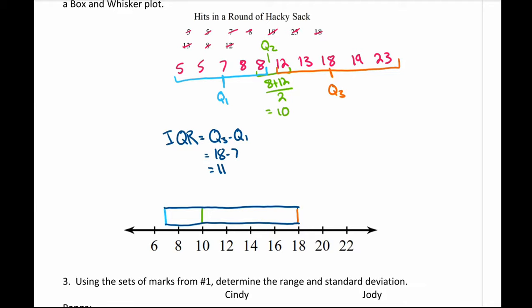Your whiskers then extend in both directions to your highest value, so in this case 23, which is your max, and to your lowest value, which is 5, or your minimum. If you want, label each line as well: Q1, Q2, and Q3. And there's a box and whisker plot that represents the spread of your data.